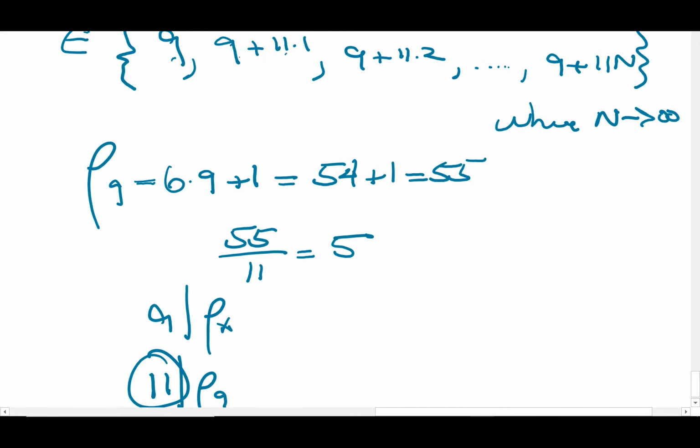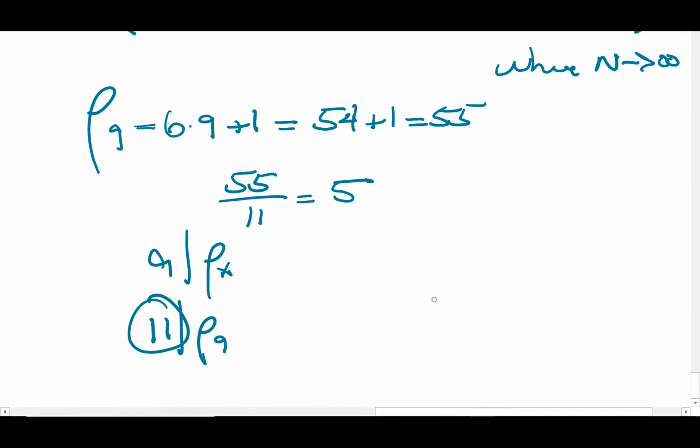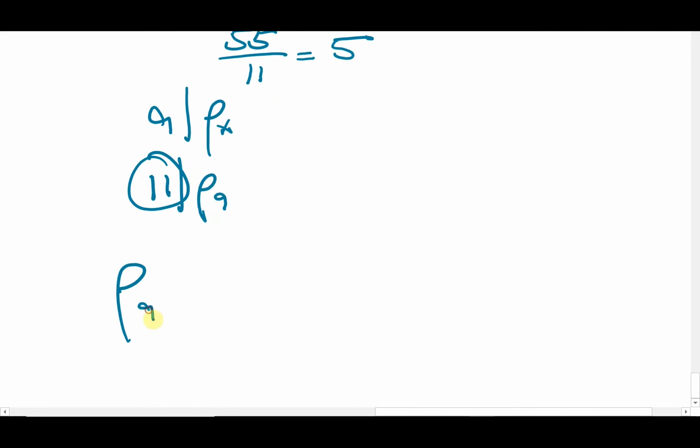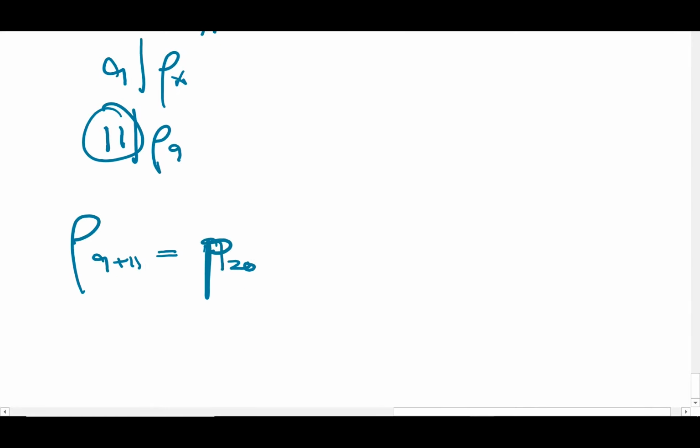But then we also have P9 plus 11. So we take P9 plus 11, P20, so we have P20 equals 6 times 20 plus 1 equals 121.